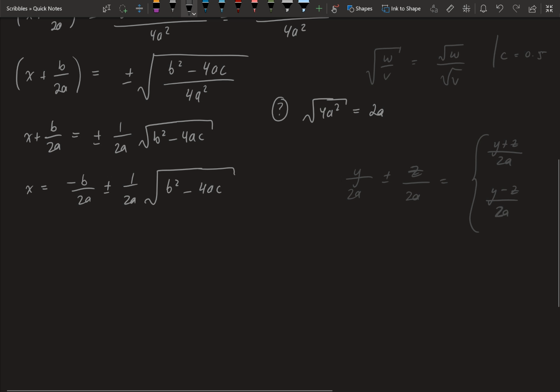So we can just put the plus or minus on the numerator and not worry about it. And then we get that, which is the quadratic formula, right?